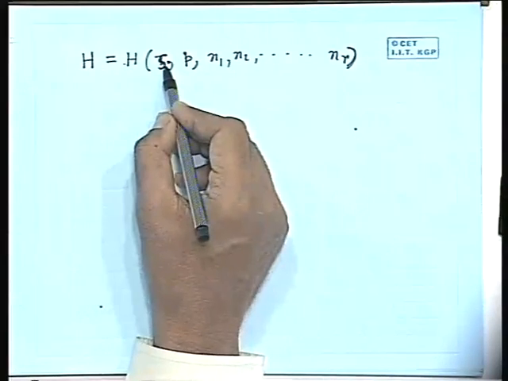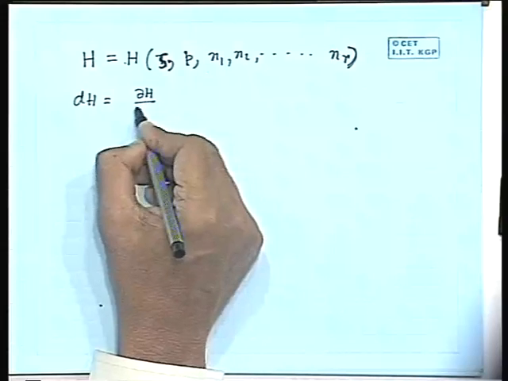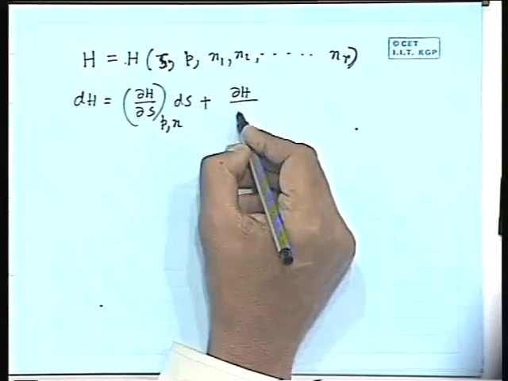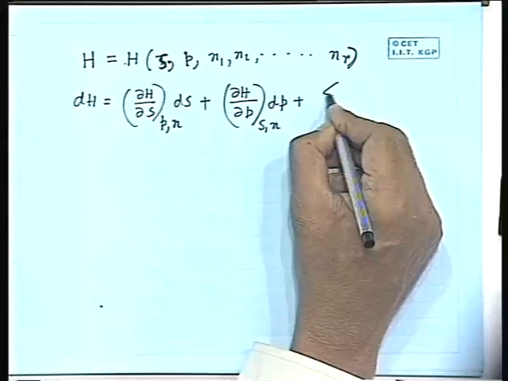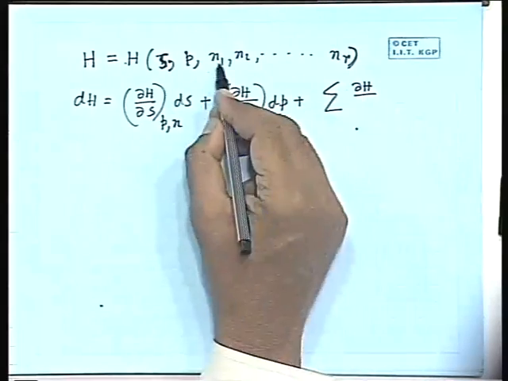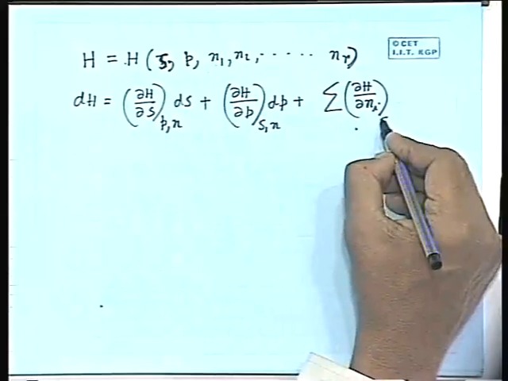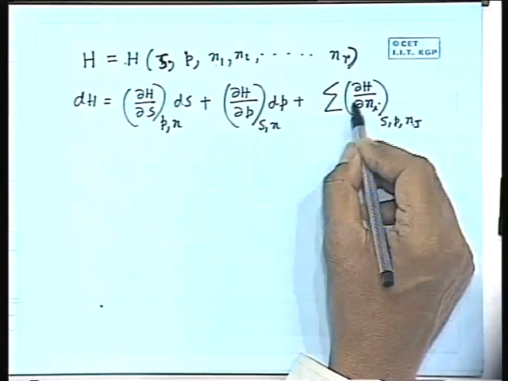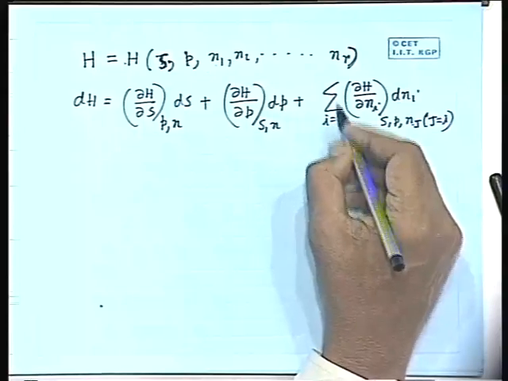H could have been also expressed in terms of other properties, but let us express it in terms of S and P and follow in a routine manner what happens next. dH is equal to, in a similar way, I can write del H del S at P and n ds plus del H del P, because P is the variable, the pressure, at constant S and n dP, plus in a similar way the summation of all the differentials with respect to the number of moles, del H del ni, where S, P and nj, that means the number of moles of all the constituents except the constituent with whose moles it is differentiated, that means j not equal to i, dni, and this is summed up i equal to 1 to r.